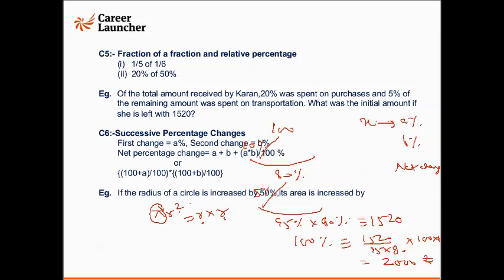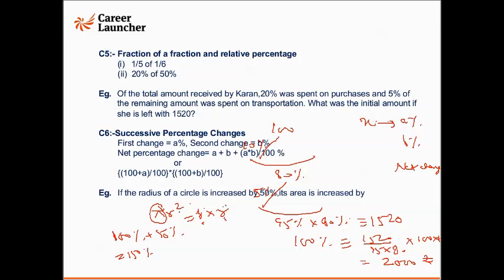Either do it in this way. Initially the radius is R, so it is 100%, and an increment of 50% makes it 100% plus 50%, that is 150%. But there is an increment two times, right?